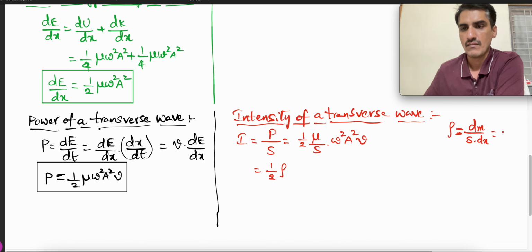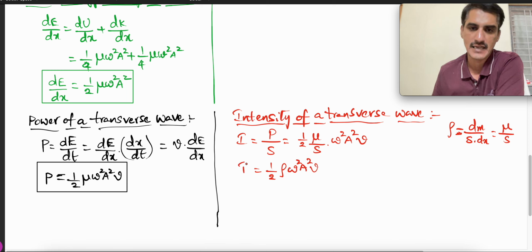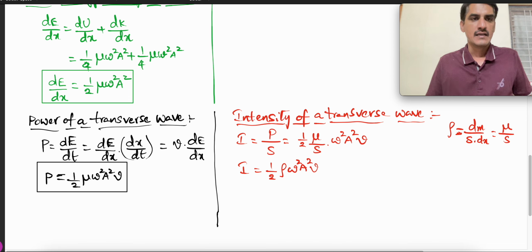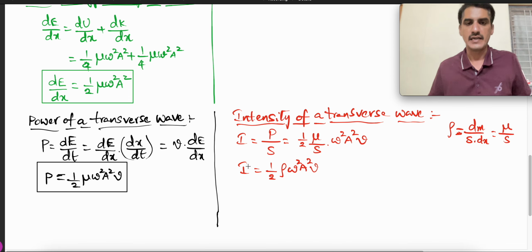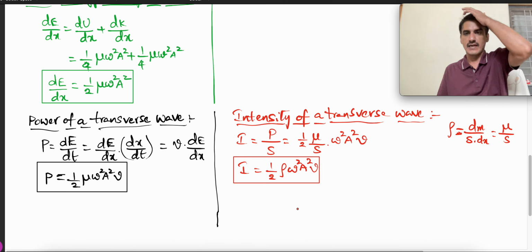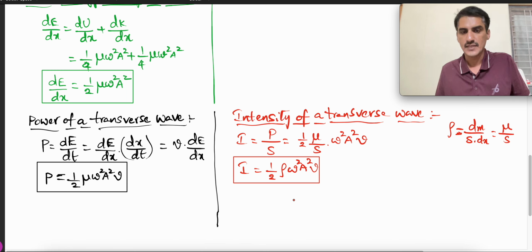Sorry, mu by S. Therefore, instead of mu by S, I am writing rho into omega square a square into v. This is I, the intensity of a transverse wave in a string: half rho omega square a square v. Observe this carefully.